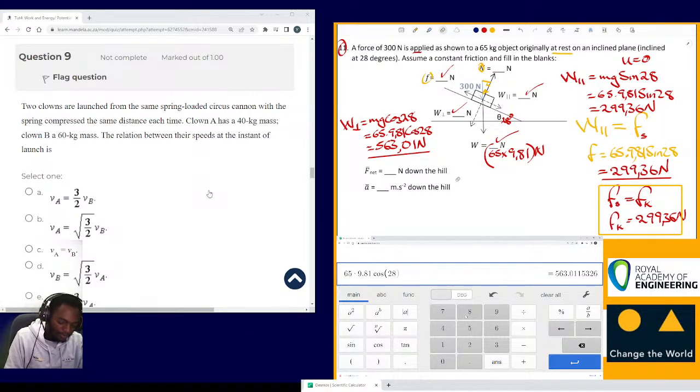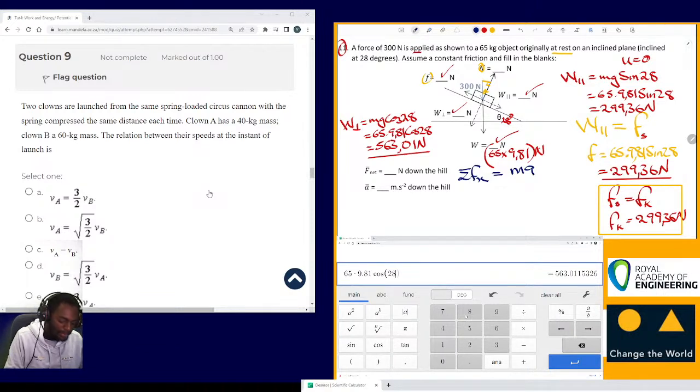So let's look at the summation of forces in the x, which should be equal to ma, the acceleration in the x. How many forces do we have?